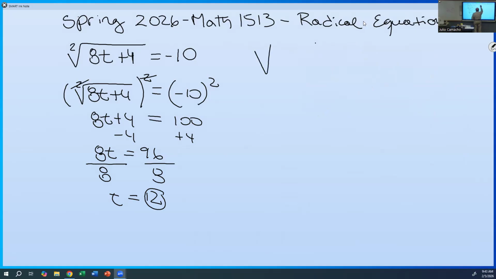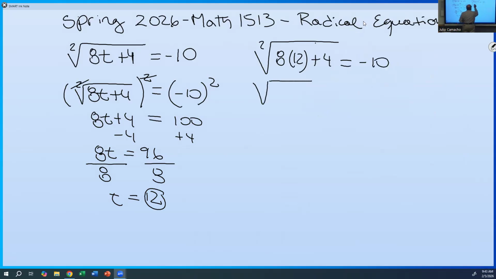You have the square root of 8 times 12 plus 4 equals negative 10. So the square root, 8 times 12 is 96. Everybody agree with that? Plus 4 is 100. The square root of 100 is 10. 10 is not equal to negative 10.